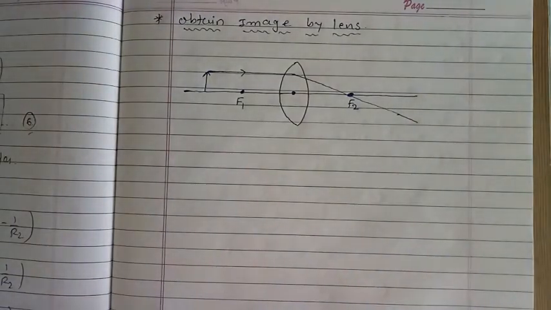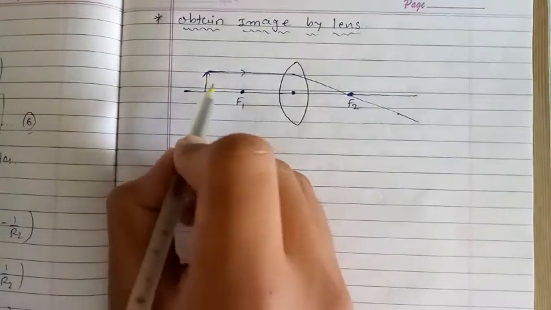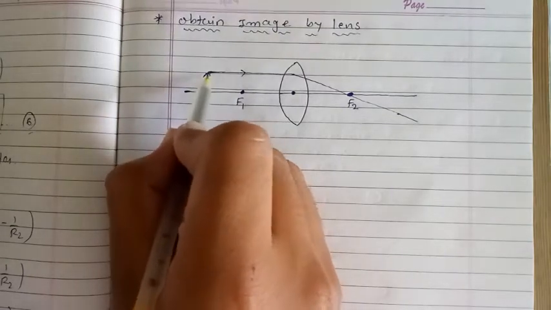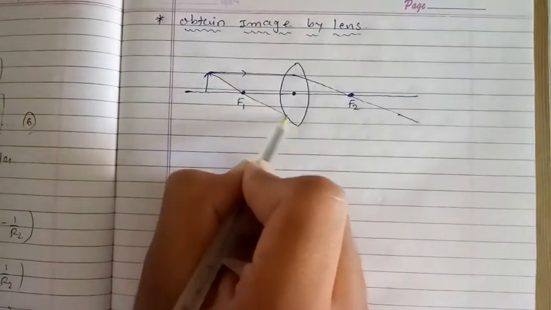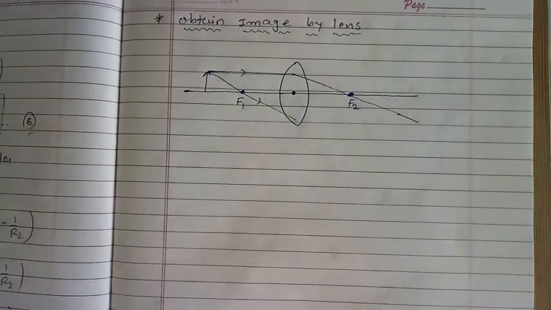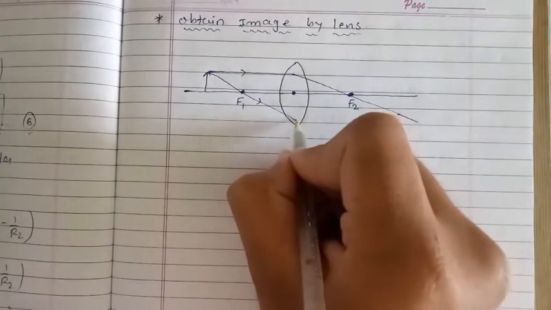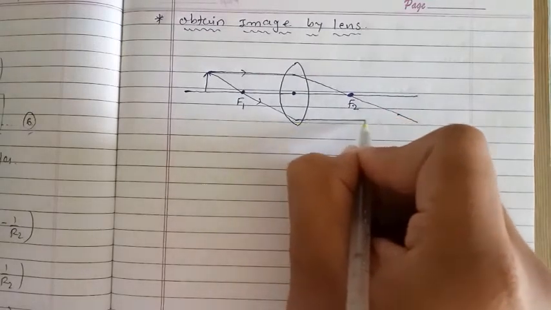Now the second ray passes through the first principal focus, like this. After refraction this ray is parallel to the principal axis, right?